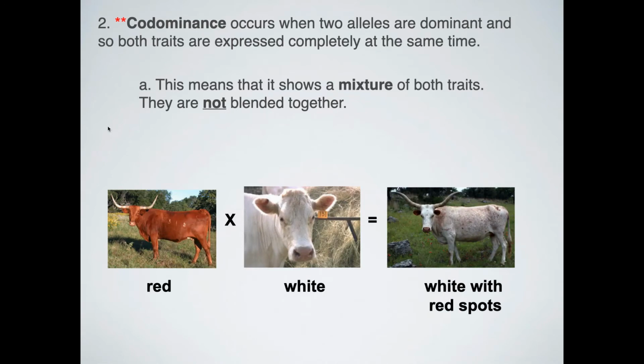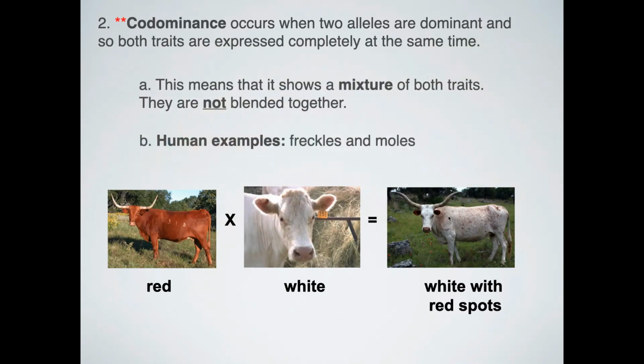If you have a red bull, not the drink, and a white cow, and they reproduce, we're going to call it hair color, I guess it'd be hide color, I'm not really sure what you would call it, but we're looking at the color here. You could end up with a white bull with red spots. So we end up with a mixture of both traits, and this is called a roan bull.